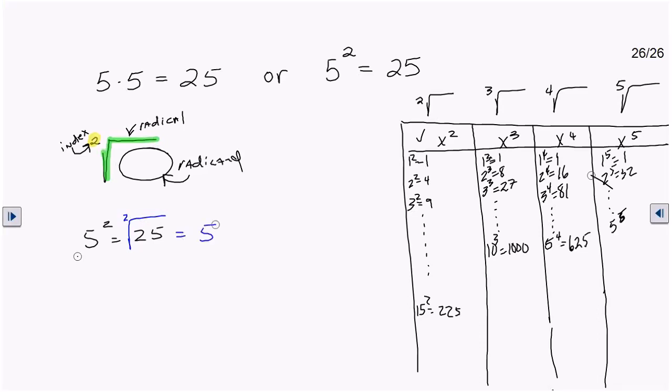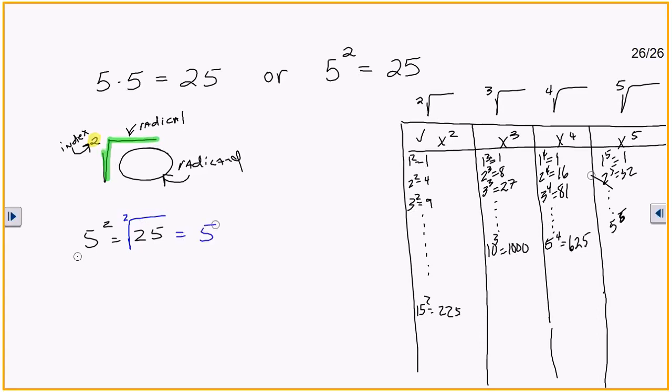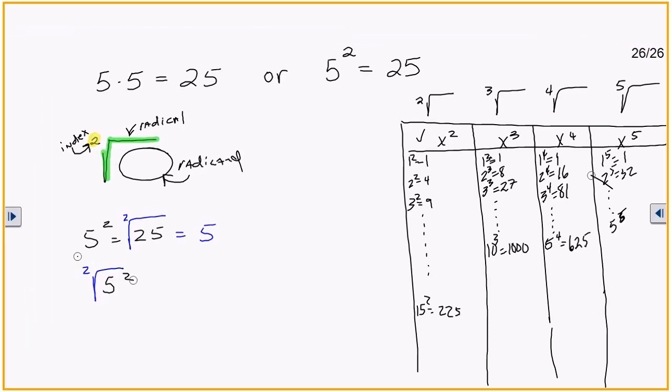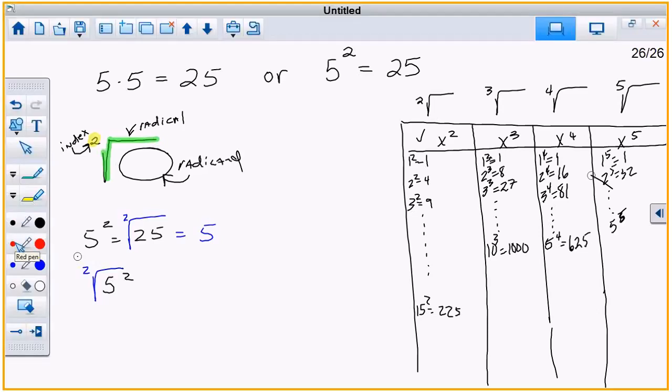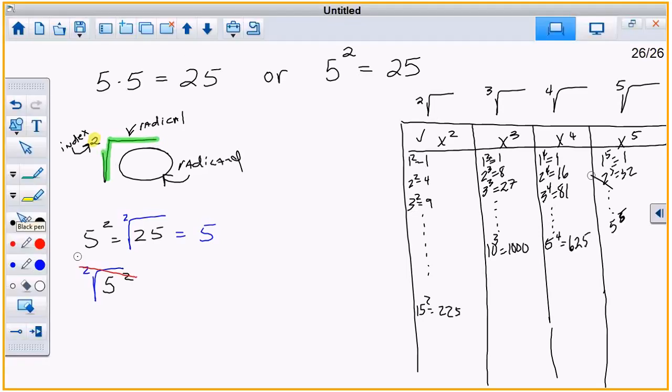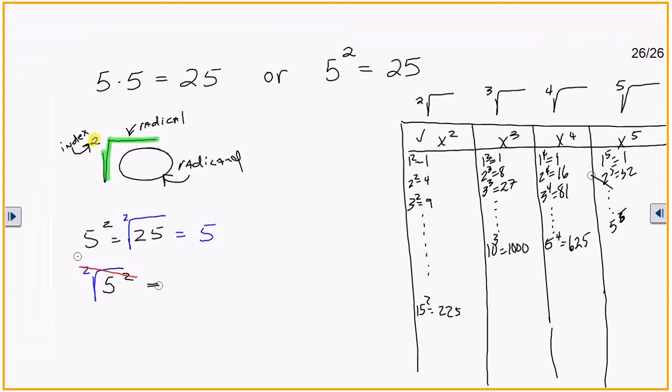I can undo, in other words, the square root of 5 squared. What does the square root symbol do to the exponent? It cancels it out. So you can think of these as opposites of each other. Okay? The square root undoes the exponent, and the exponent undoes the square root.